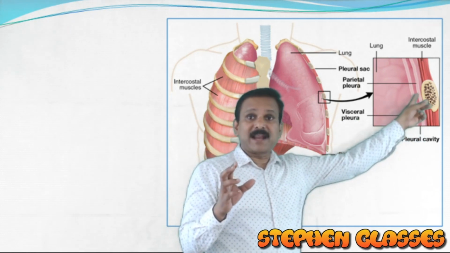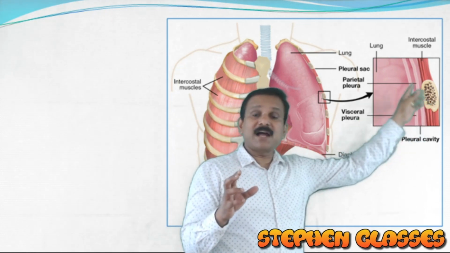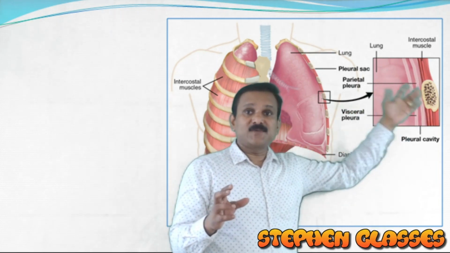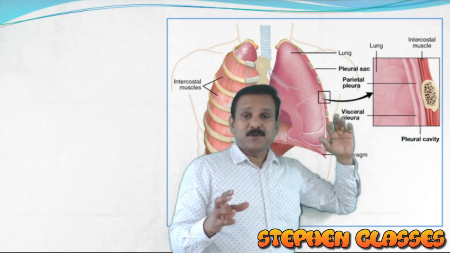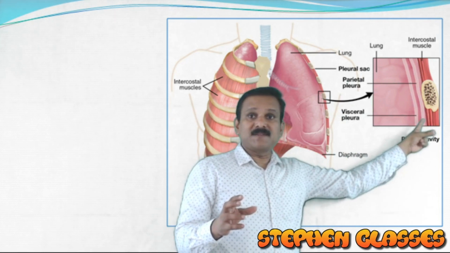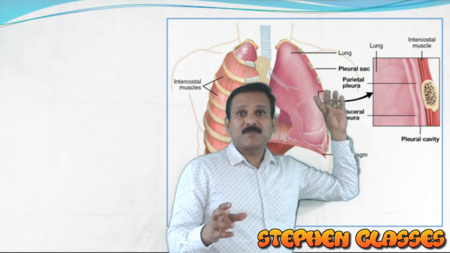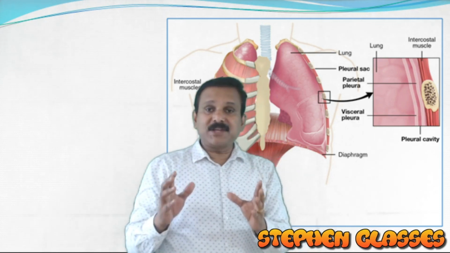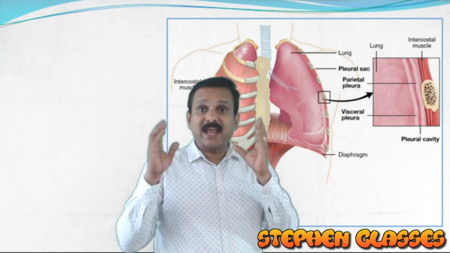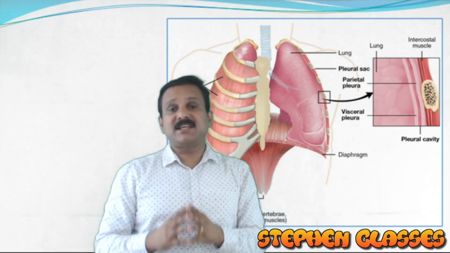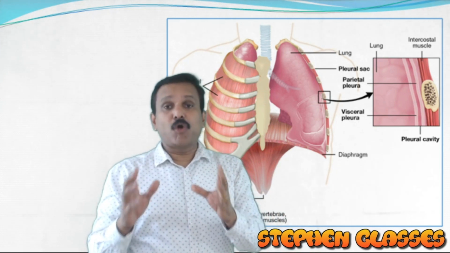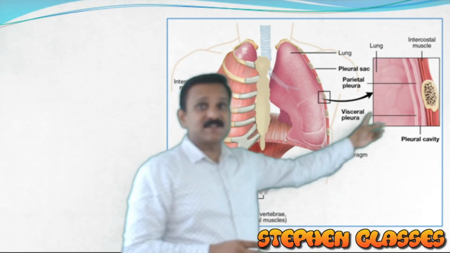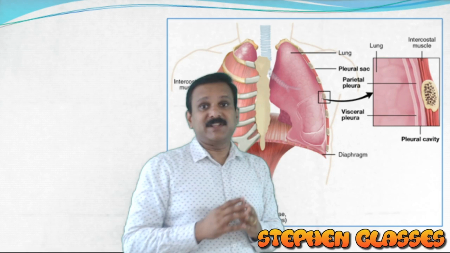And what about the parietal pleura? It is very close to the thoracic lining. In between the two pleural membranes, you can see the pleural fluid also. Any change happening to the thoracic cavity will be reflected in the volume of lungs because these two pleural membranes are very close to each other.